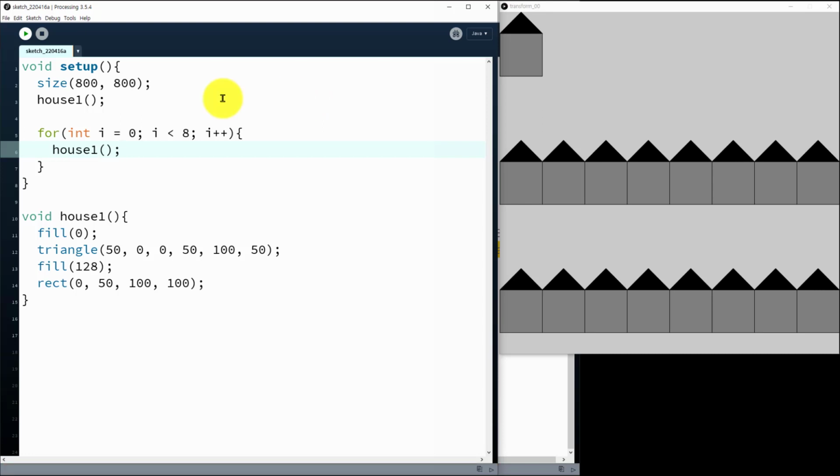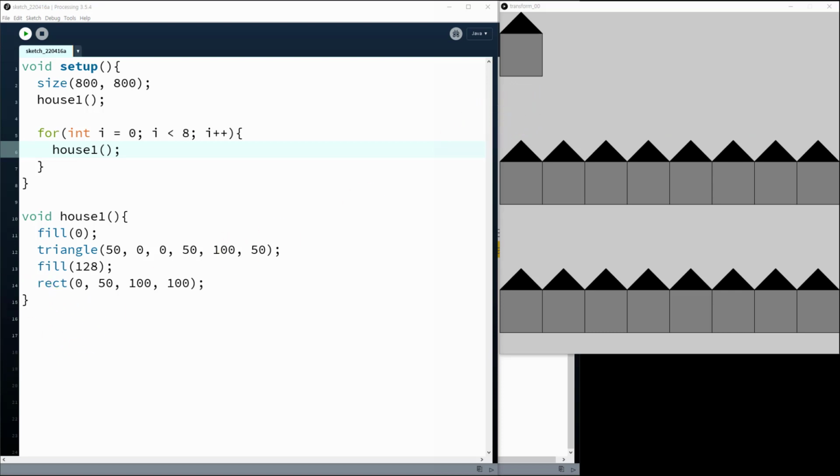No, we have to use 8 different points, right? So for house number 0, this point is the starting point, right? And for the second one, this point. So we need all different points. So we have to change the x coordinate. So we need a slightly different function.